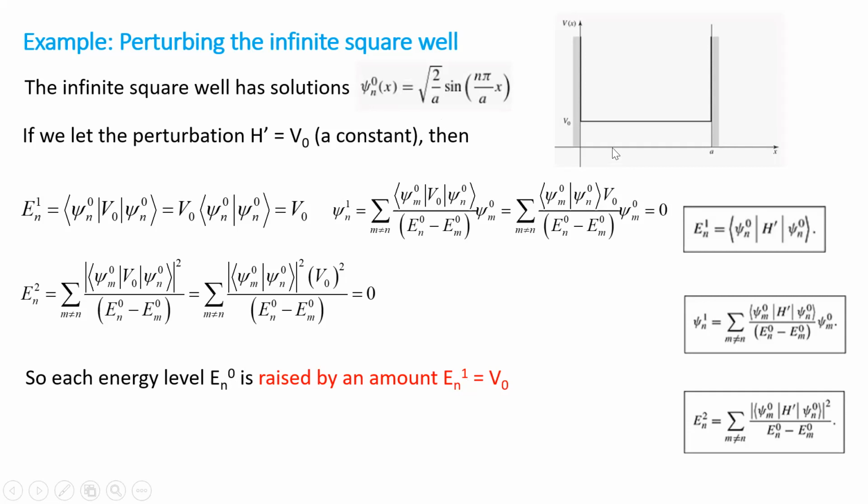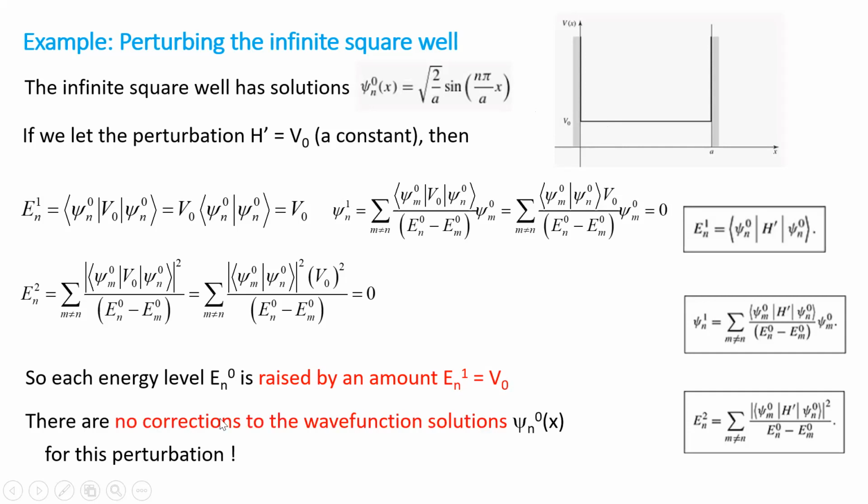So what we've done is basically just raise all of them by lifting the floor. We've added a V0 to all of our energies, which kind of makes sense. We've just added a constant potential energy, and before we just had kinetic energy because there was no potential energy. So all of them are raised by the same amount. And there are no corrections to the wave function solutions psi n0(x) for this perturbation, because we found psi n1 was 0 because of this sum and this orthogonality.